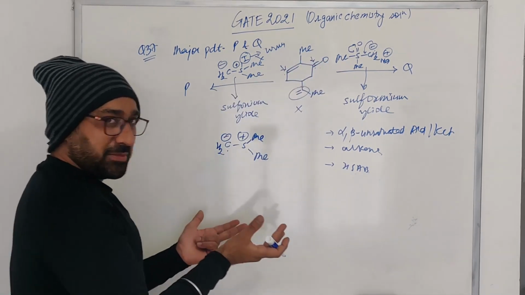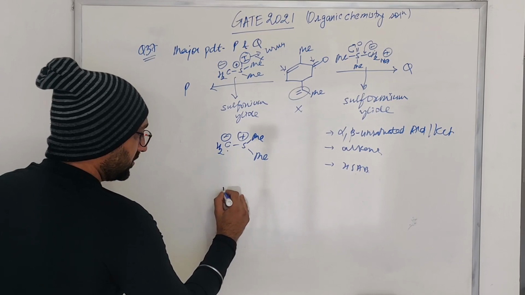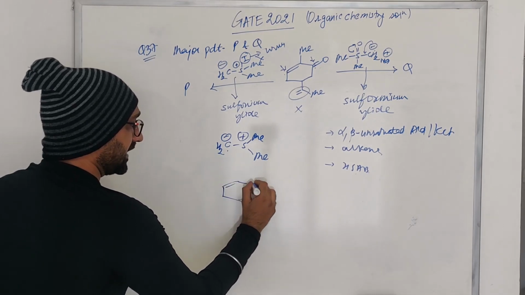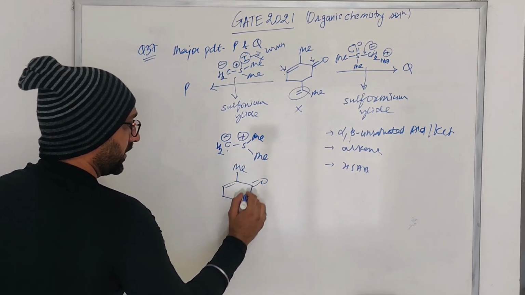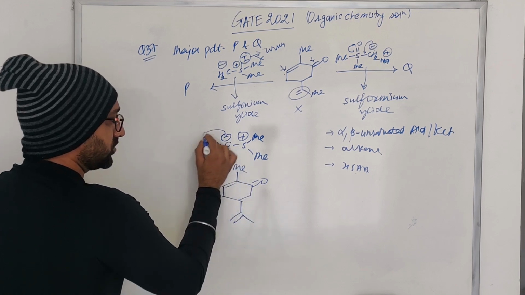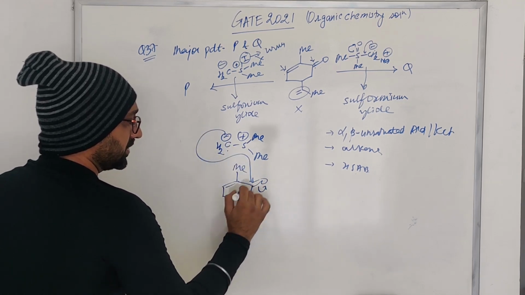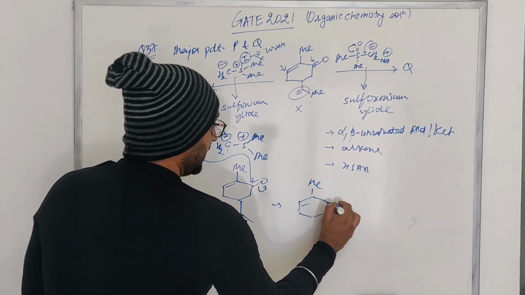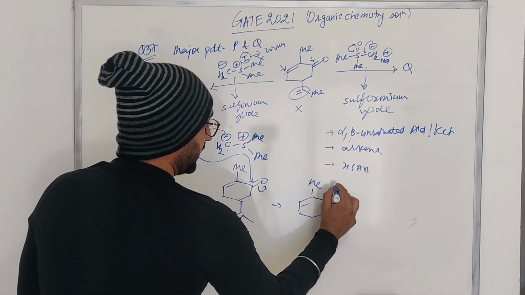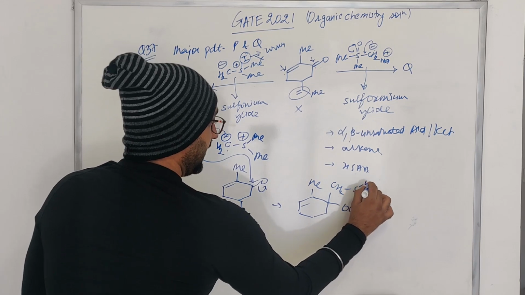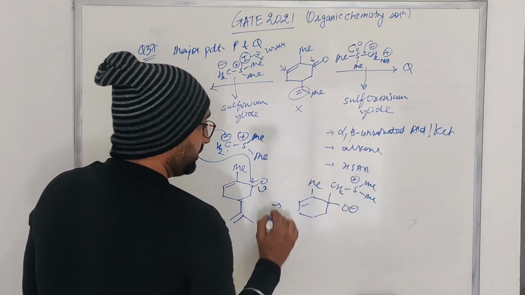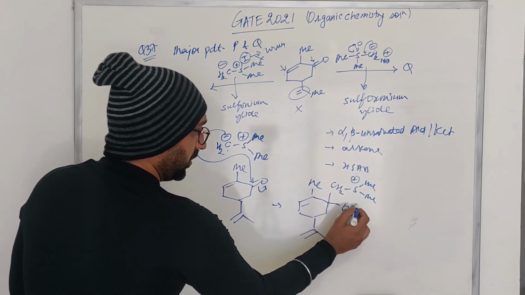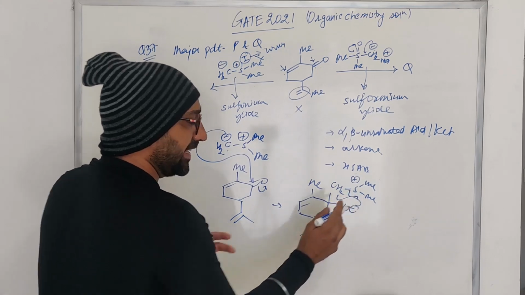So the mechanism is pretty straightforward. If you look at it, what happens is basically this is going to attack at this particular position, this opens up, and here what you get is this O minus, and here what you have is the SHCH2 S Me plus, okay, and here what we have is an isolated bond, so this attacks this carbonyl, so DMS leaves.